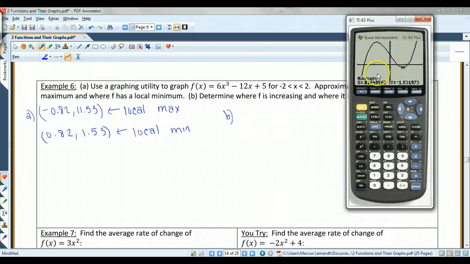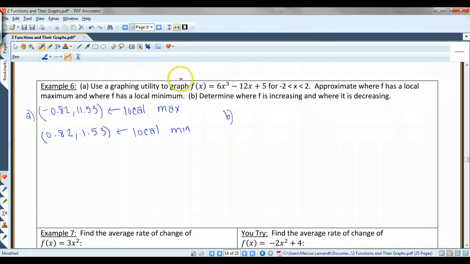Well, it's increasing from -2 all the way to its maximum, and then from its minimum all the way up to 2, and then in between it's decreasing. This is increasing.